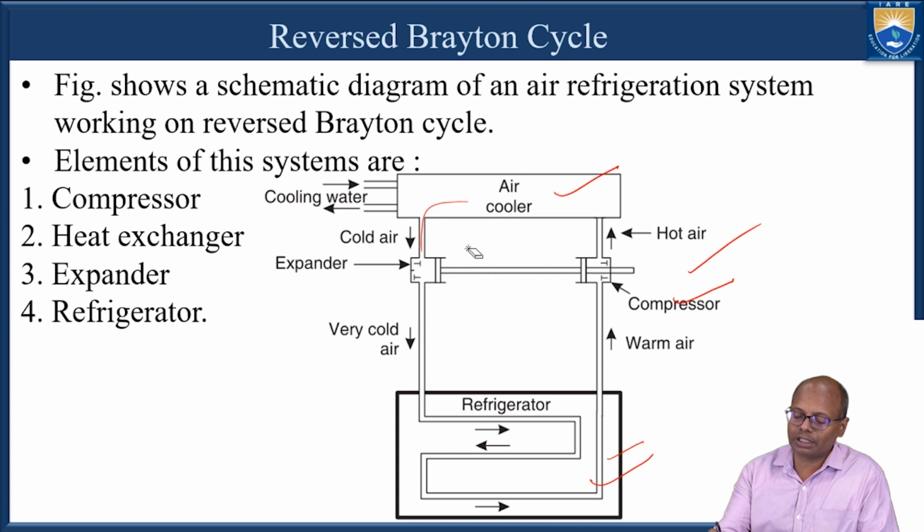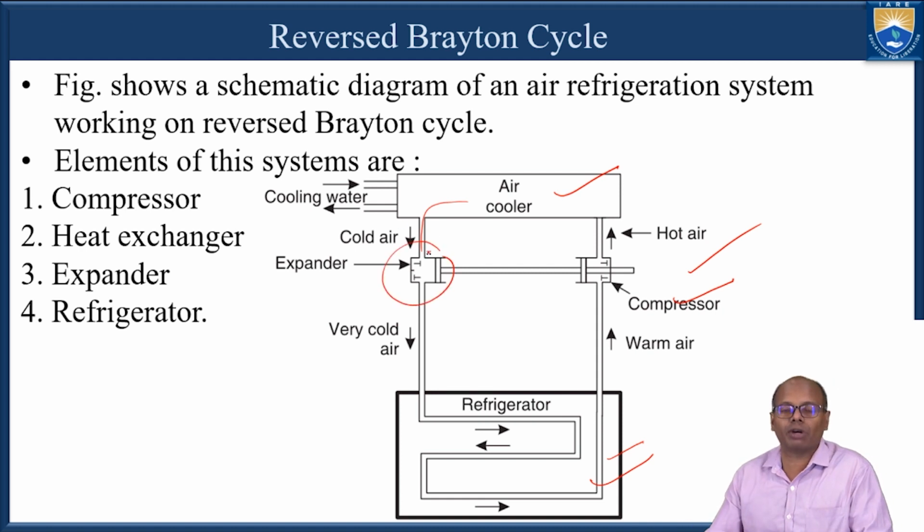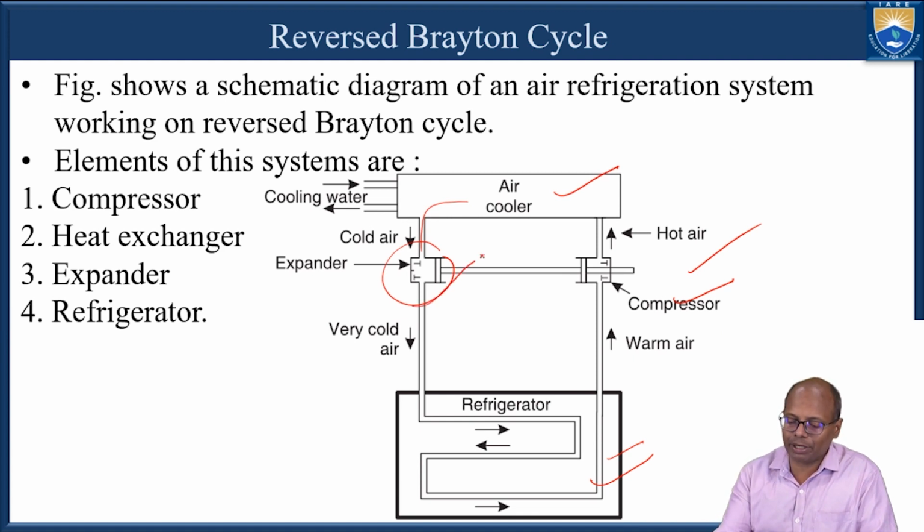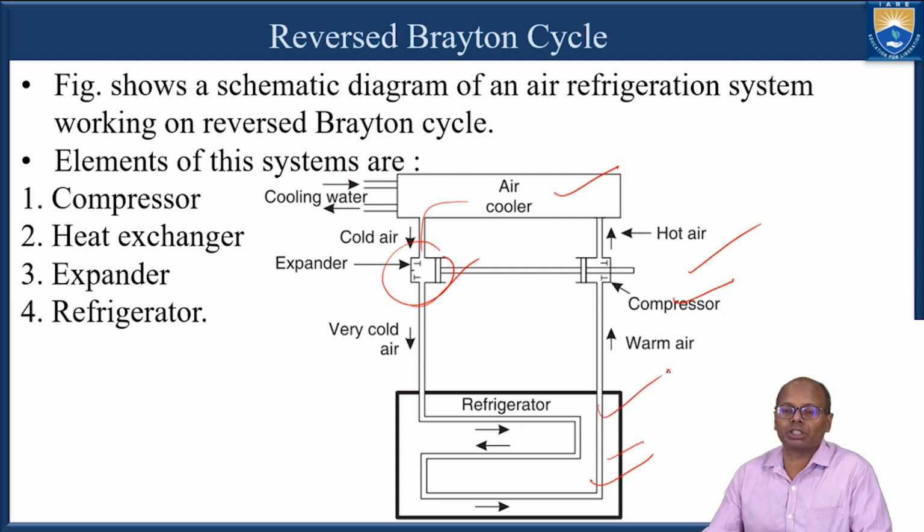Now coming to this reversed Brayton cycle, since air is the working fluid, the hot air can give us a reasonable work output. So we are using an expander or turbine for the expansion process. So this is an expander, or sometimes it can be a turbine, and then it is the refrigerator on which we have our concentration.